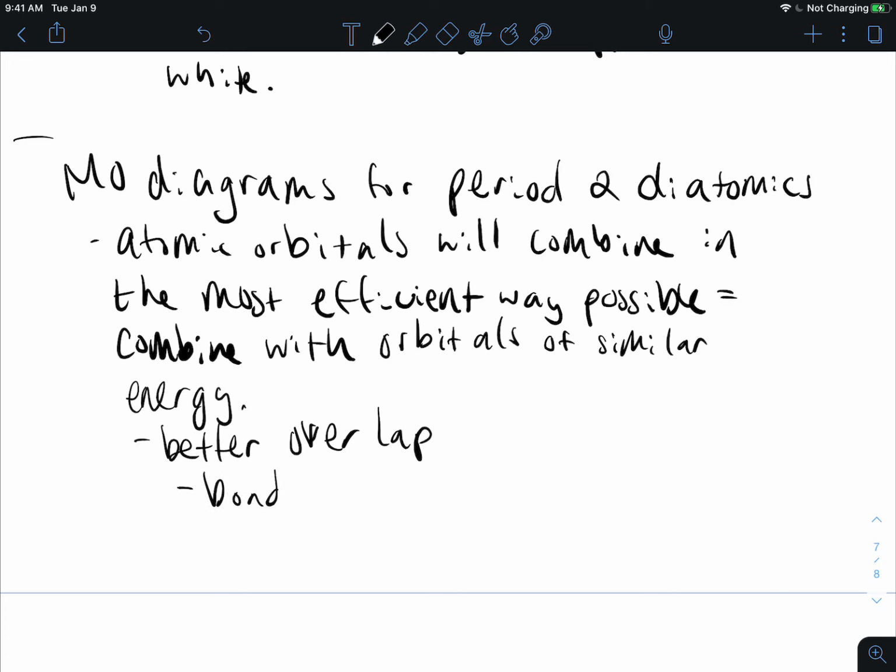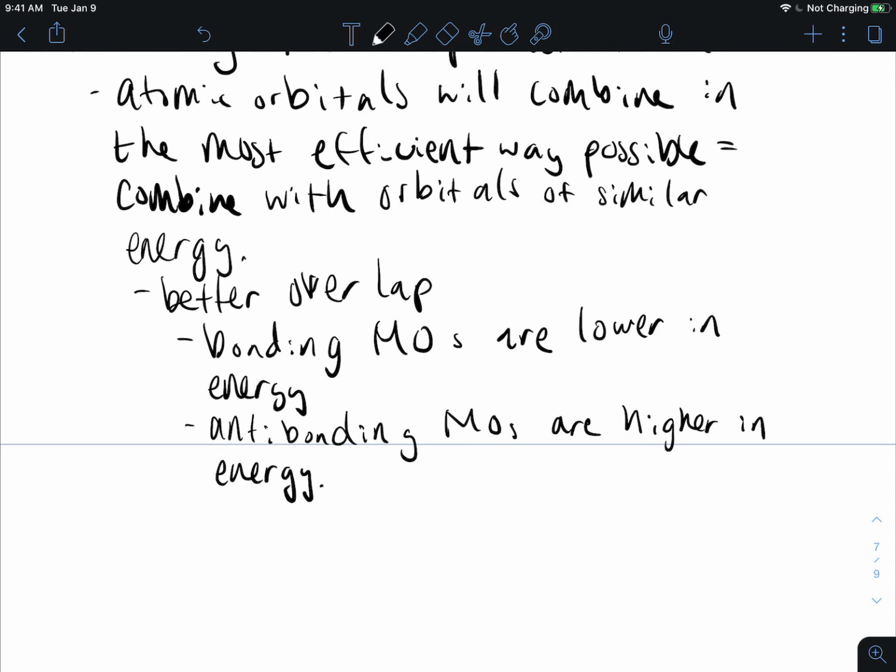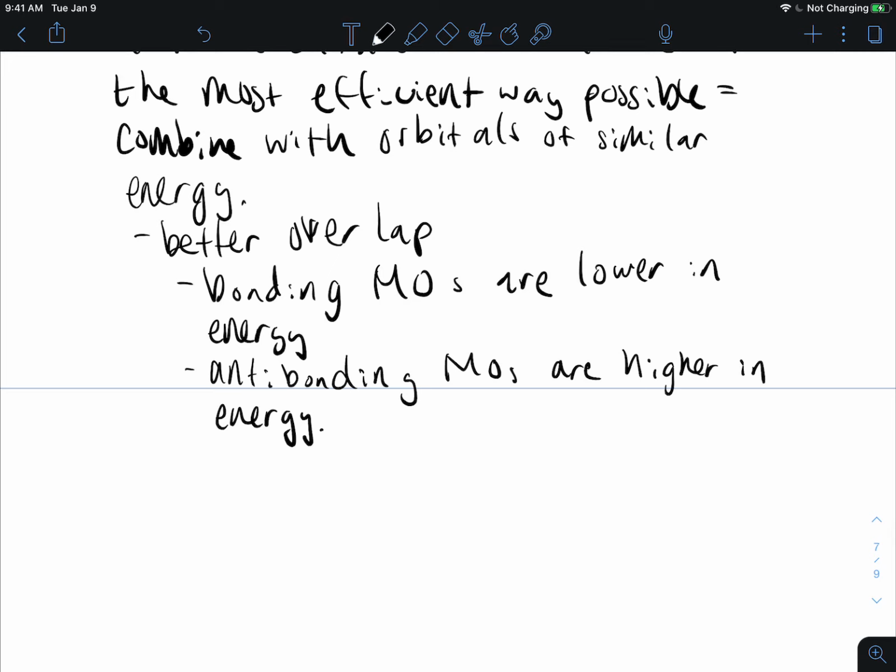Our bonding MOs are lower in energy. And then our antibonding MOs are higher in energy. Okay? And our best overlap is going to come from direct overlap.